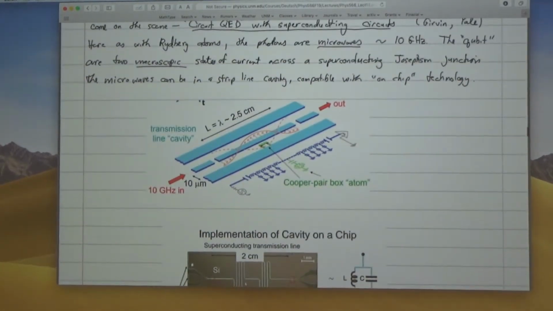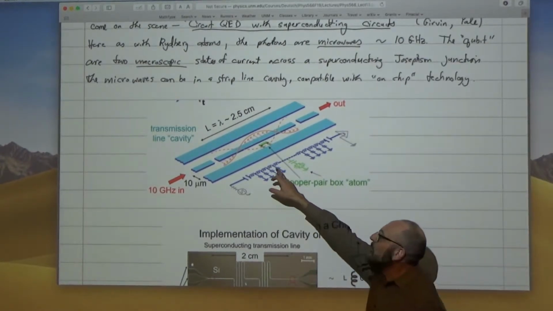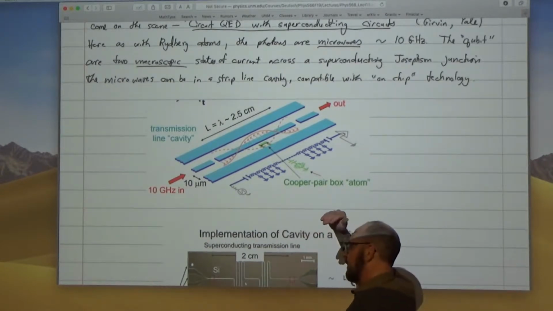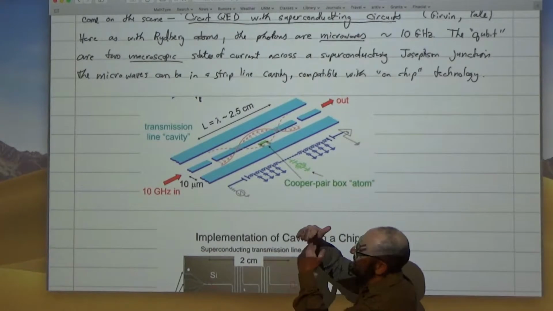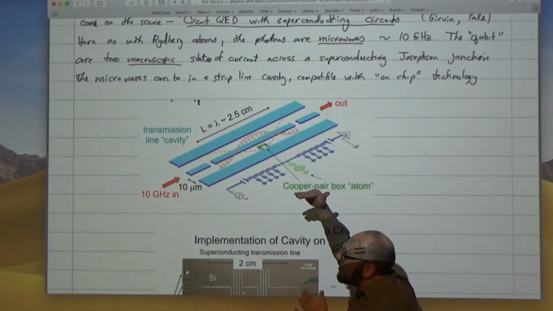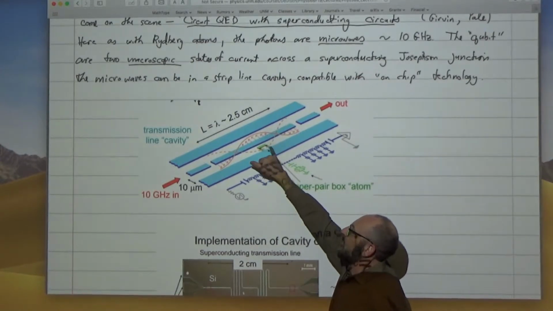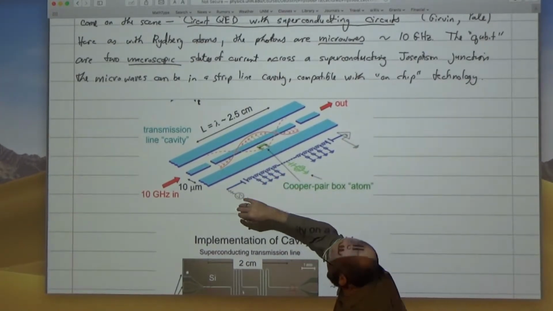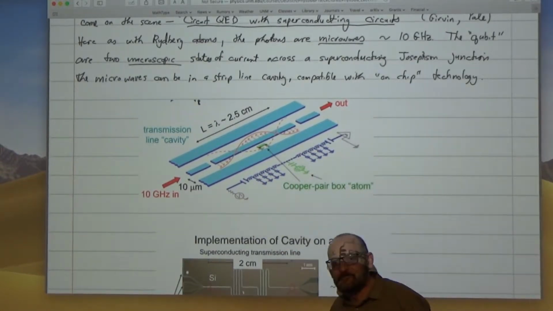In circuit QED, your two-level atom now represents two levels of a superconducting circuit, which is anharmonic. Those two energy levels, in the Josephson junction, represent an artificial atom. And the mode now is a microwave transmission line.